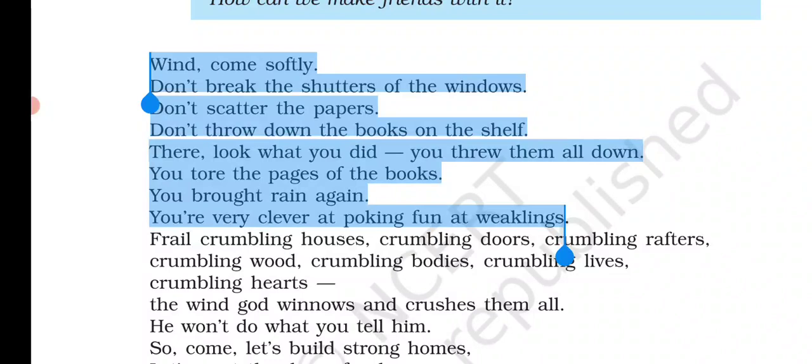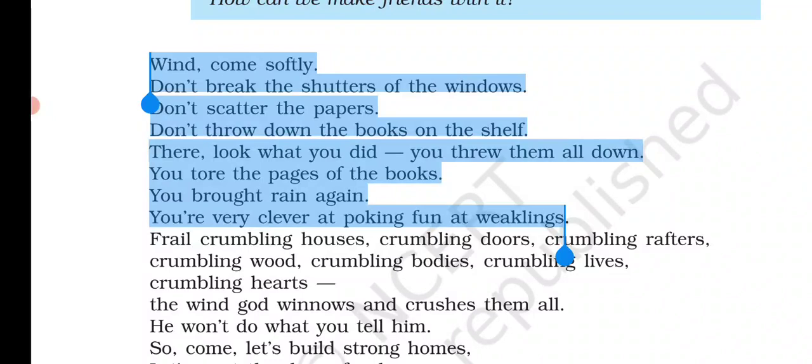So you see that in this stanza, the poet is talking to the wind, and he's asking the wind to come softly, because sometimes when it rains torrentially, it destroys a lot of things, your crops and many more. So he is saying that the wind should not be very strong or loud, it should be soft and gentle.